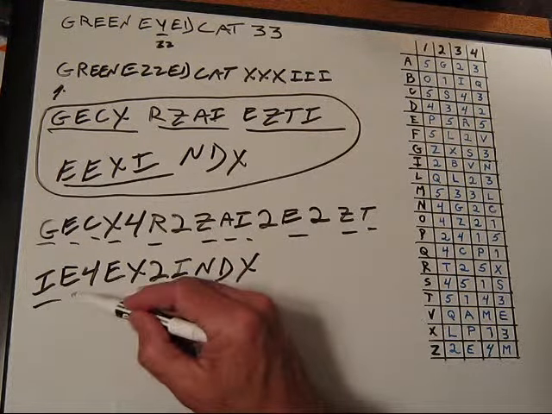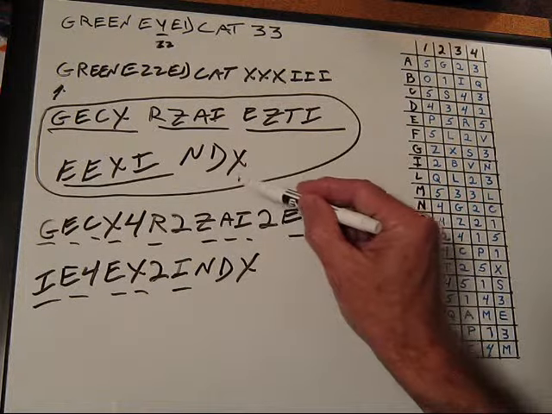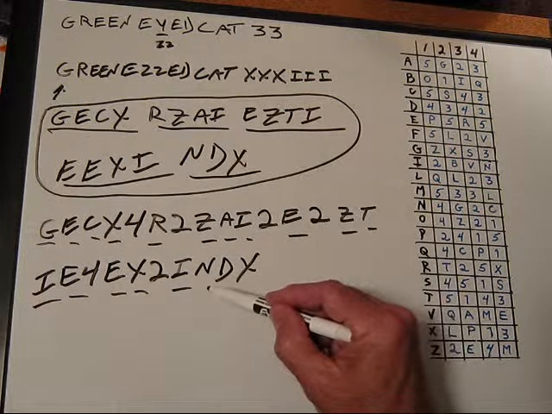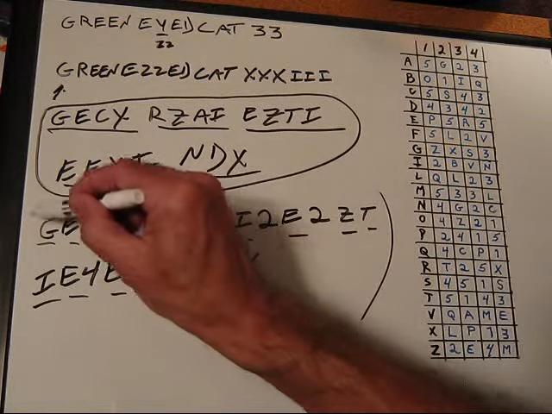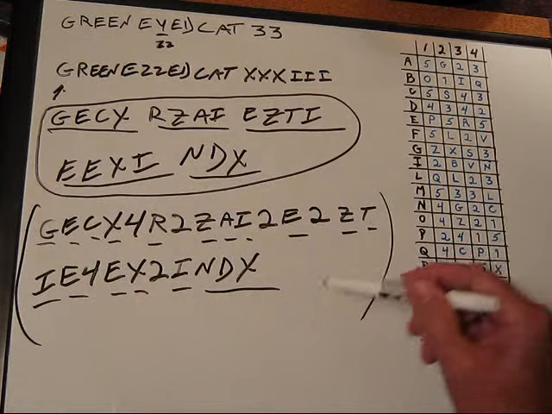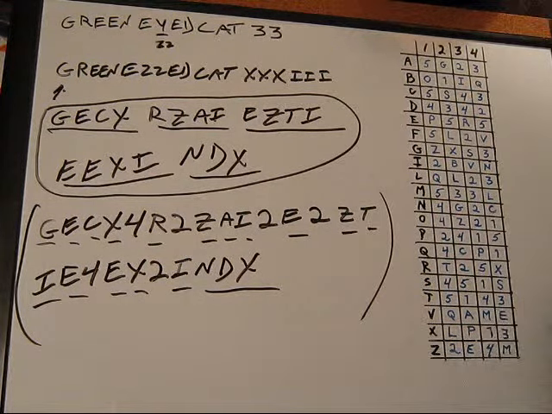E, E, X, I. We have that. And NDX. NDX, we have that. So here we have a fully pre-processed and transposed message, which is now ready for the Alberti cipher.